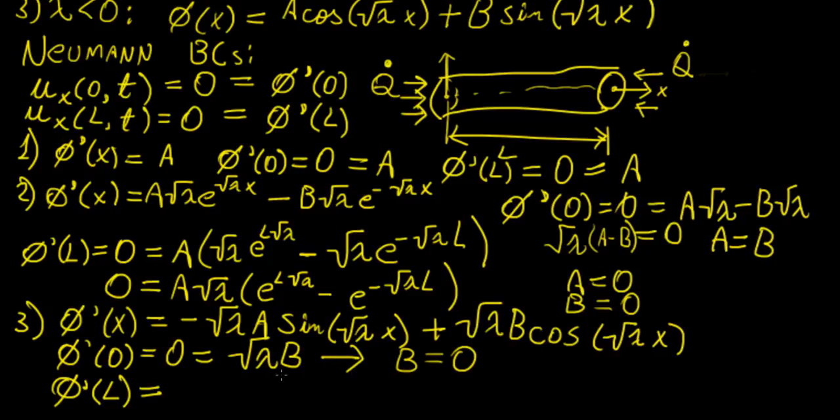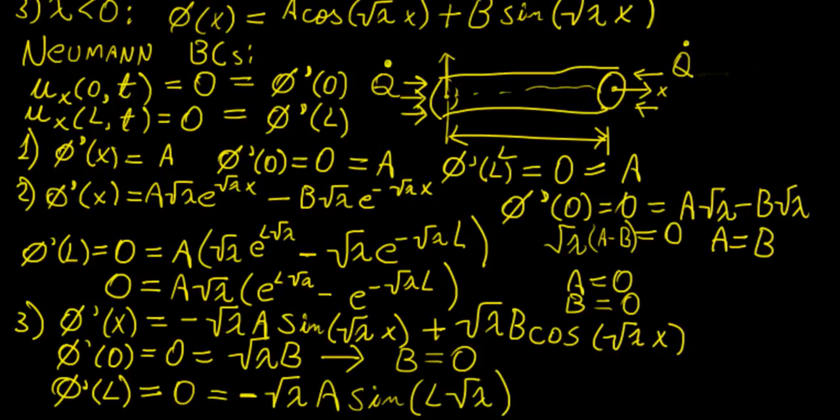Let's apply the second boundary condition, and we're going to have the following. We're going to have it equal to 0, and we're going to take the same function. B is equal to 0, so we're going to be left with this one: A sine L root lambda.